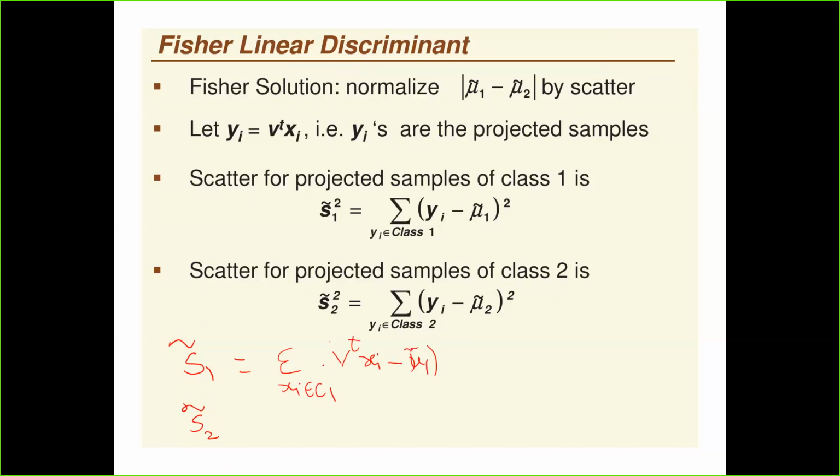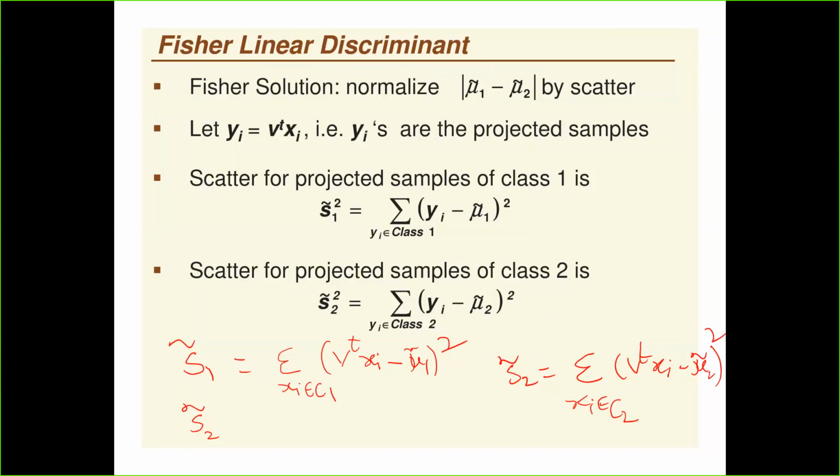We have to take the mean in the projected space, mu1 bar. All right. Similarly, S2 bar is equivalent to the sum over all xi belonging to class 2 of (V transpose xi minus mu2 bar) whole square.